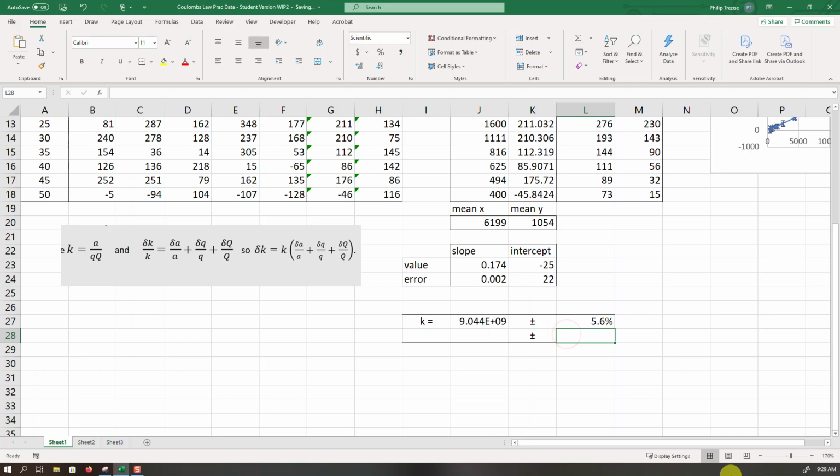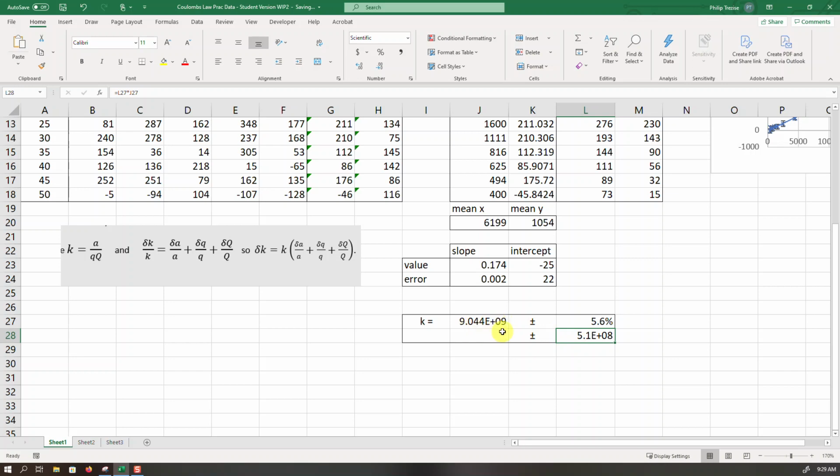So I should be able to just go the value of K multiplied by, it's not letting me. Oh, don't be annoying, Excel. Let's try it this way. Let's try that one first, multiplied by the value of K. That's better. Now that gives me, in scientific notation, the uncertainty.